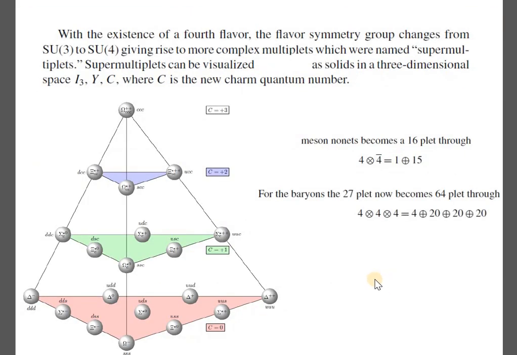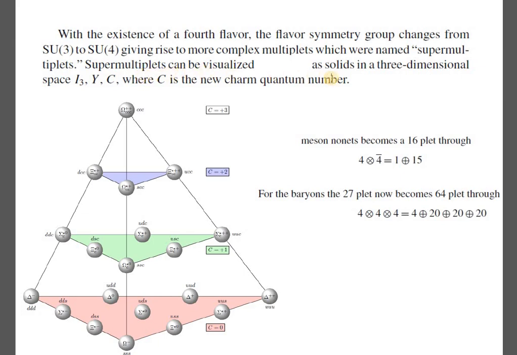Well, so what do we get? You see, the structure, and how do you get that? You see, with the existence of a fourth flavor, the flavor symmetry group changes from SU3 to SU4, giving rise to more complex multiplets, which were named supermultiplets, as I have talked about before.